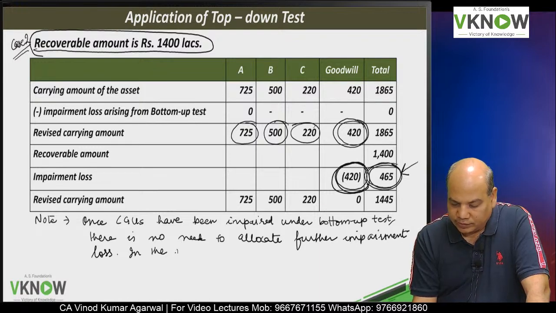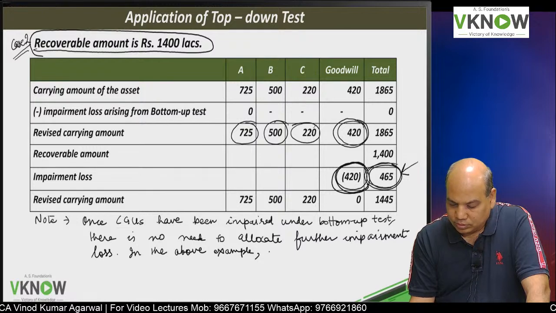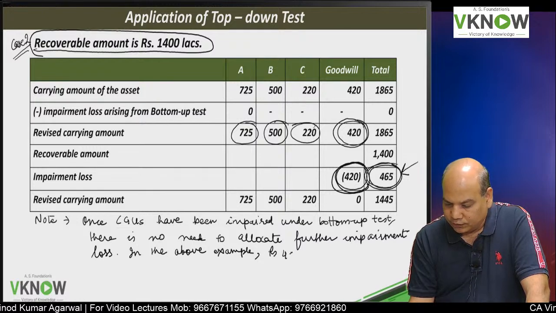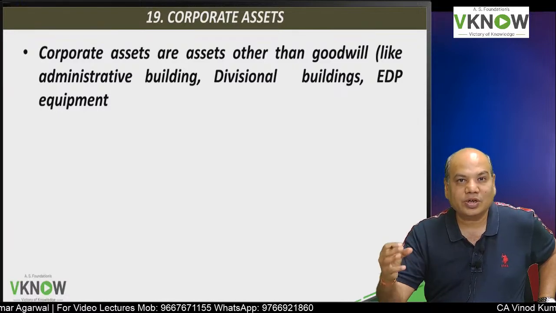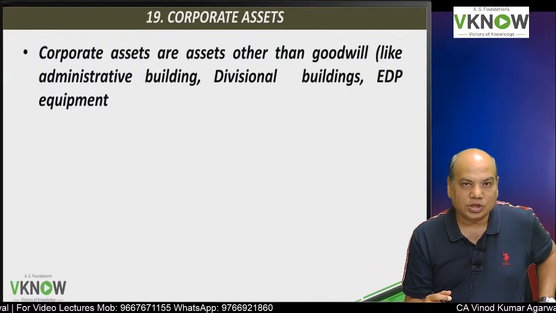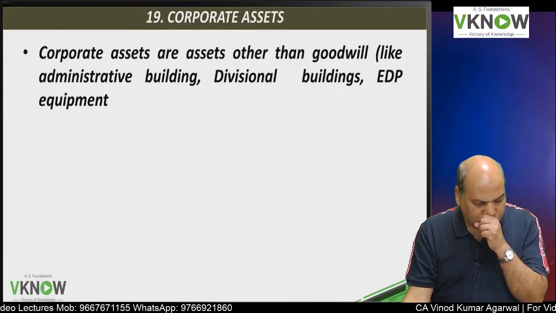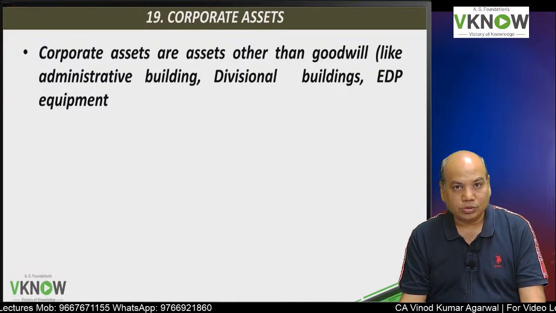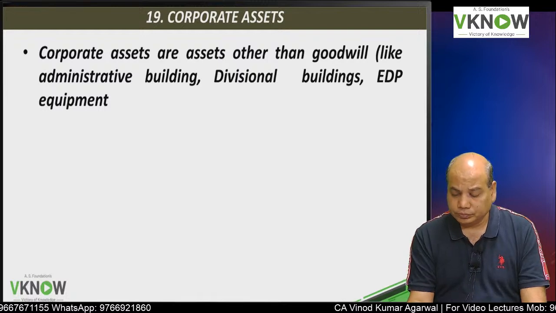In the above example, rupees 45 lakh, but they help other cash generating units in generation of their cash flows. On their own, they don't generate cash flow, but they help other CGUs in generation of cash flow.